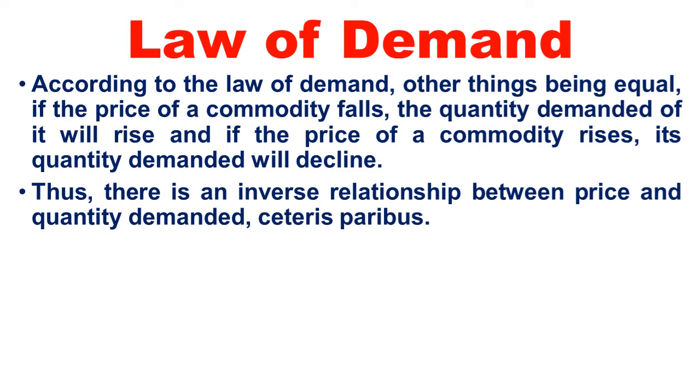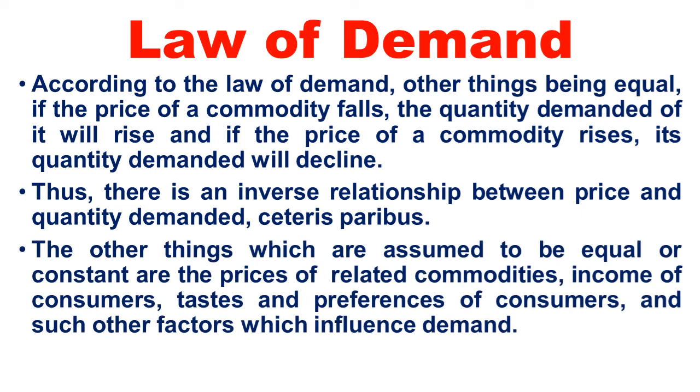Ceteris paribus means to say other demand determinants remain constant. What are those other things? Other demand determinants. That is price of related commodities, income of consumers, tastes and preferences of consumers, and such other factors which influence demand.